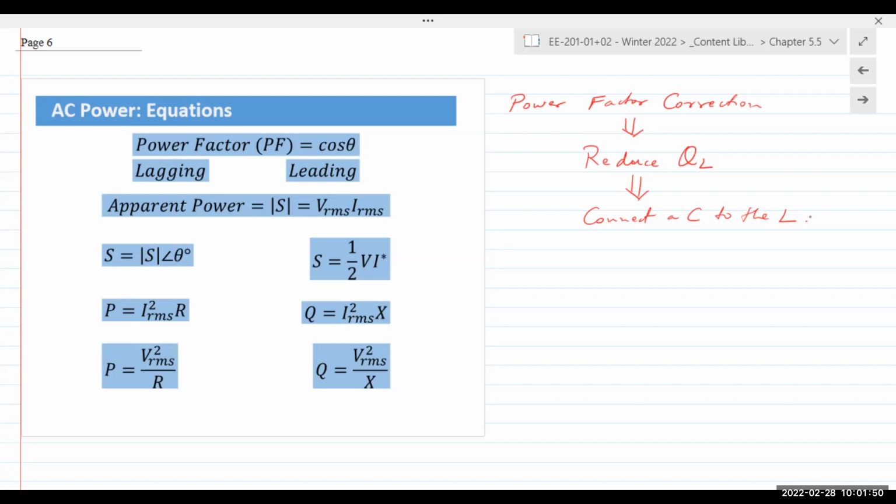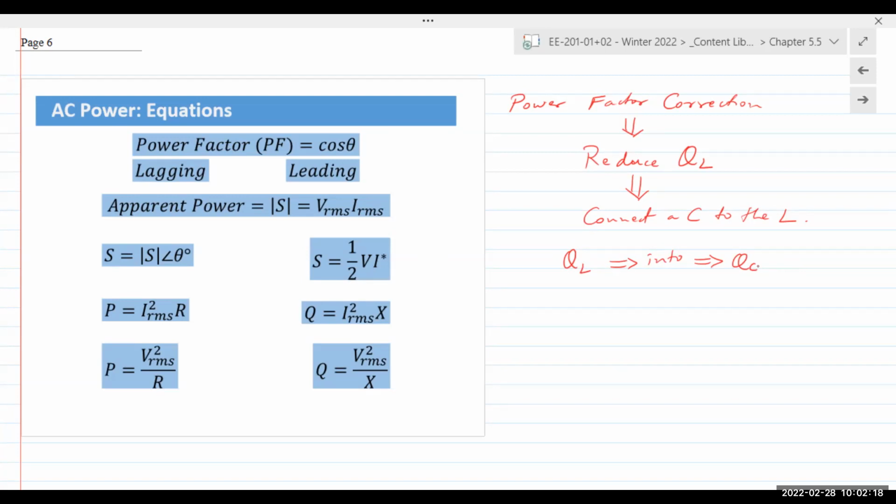So the energy flows from the inductor into the capacitor. And from that point on, when the inductor requires power in the next half cycle, instead of coming all the way from the utility company, it comes from the capacitor that is local. And so it bounces back and forth locally between the inductor and the capacitor.